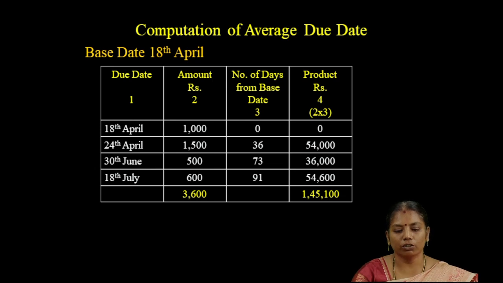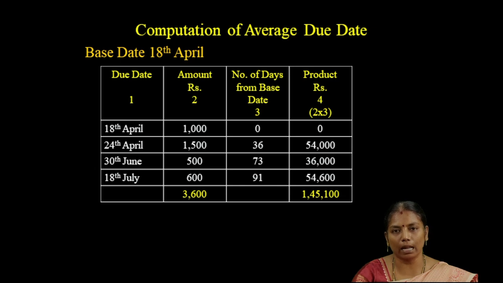Next, 30th June. From 18th April to 30th June, the number of days is 73. We multiply the amount and the number of days: 500 into 73 gives 36,000. The fourth due date is 18th July. The base date is 18th April.